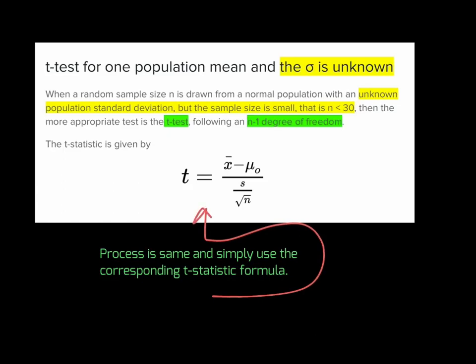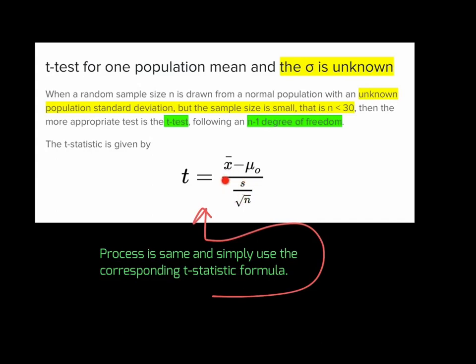In the case where the population standard deviation is unknown and the sample size is small, we will be using the t-test with this test statistic: t equals x bar, the sample mean, minus mu sub 0, the hypothesized mean, which will be identified in the null and alternative hypotheses, divided by s over the square root of n, where s is the sample standard deviation.